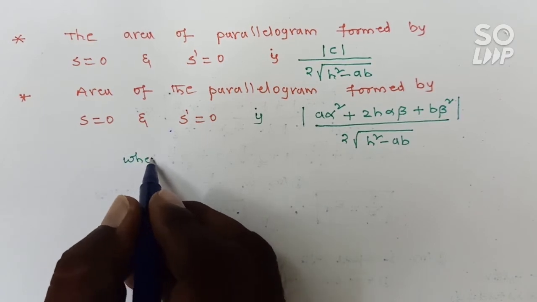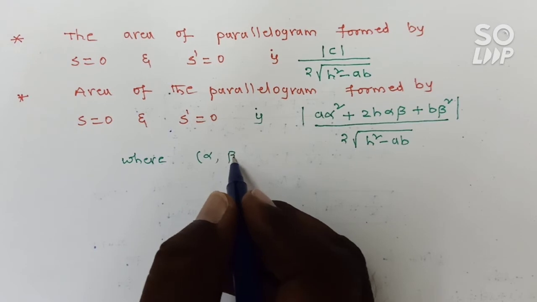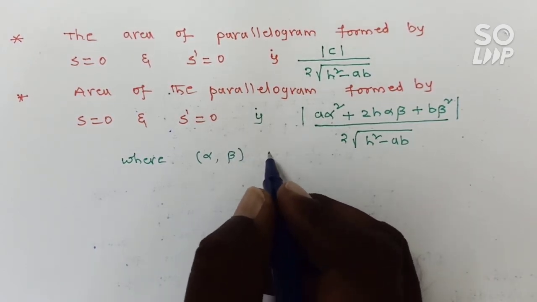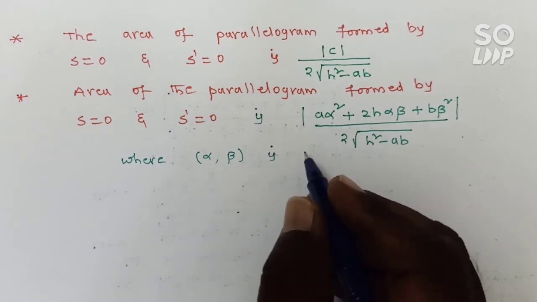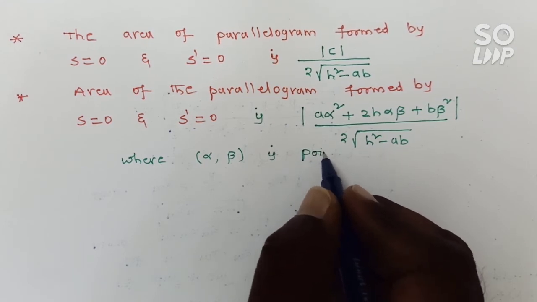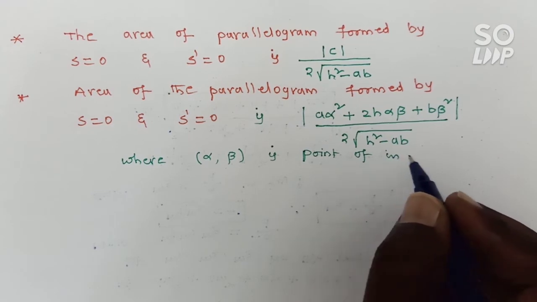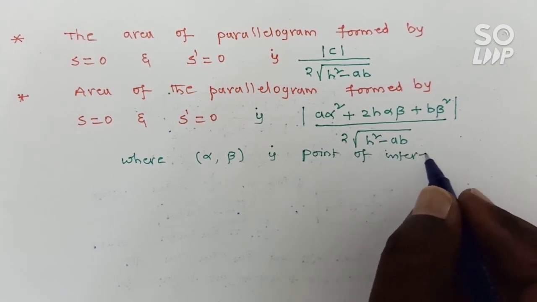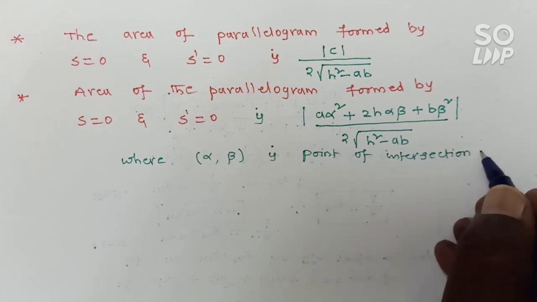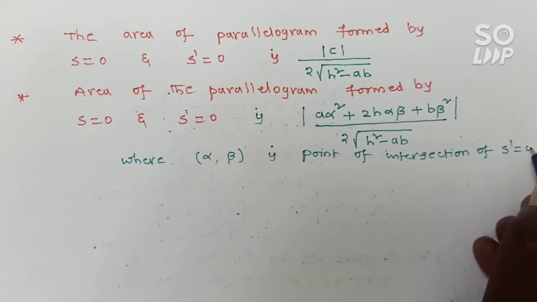Where alpha comma beta is the point of intersection of S dash equals 0.